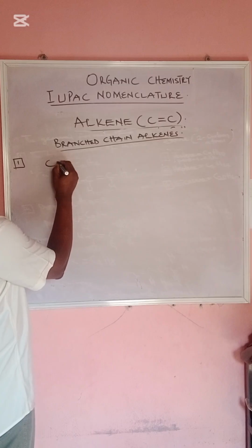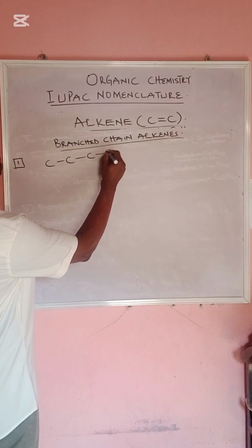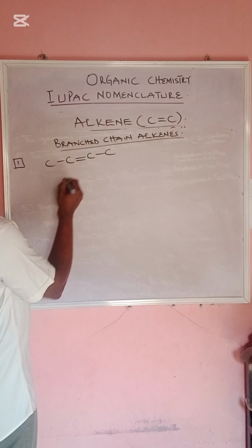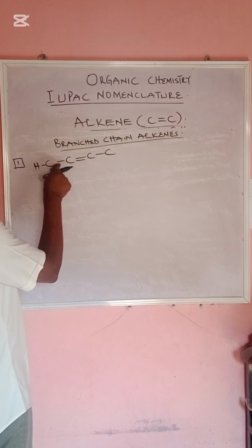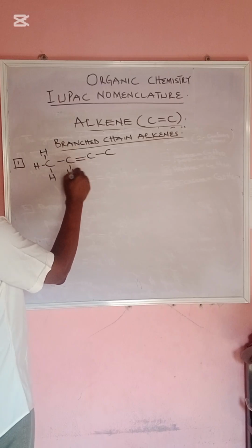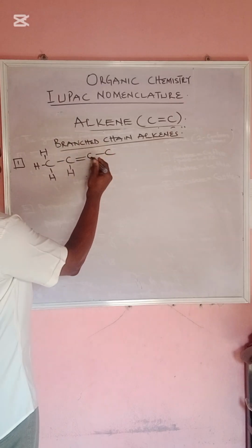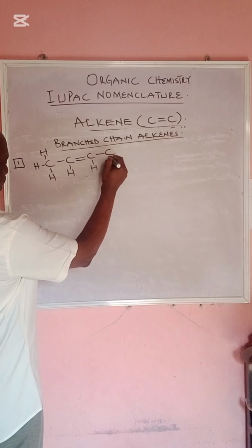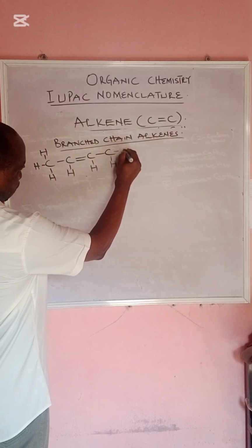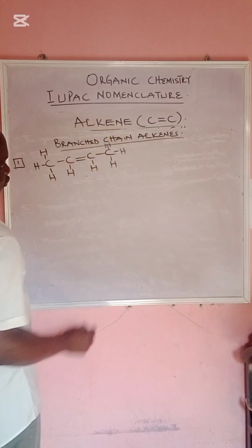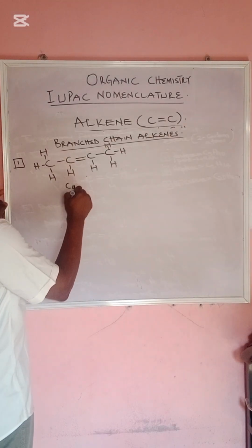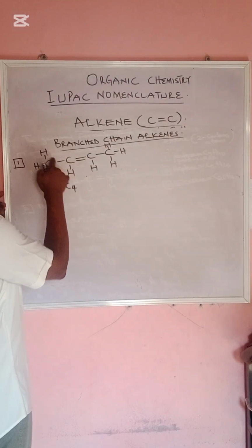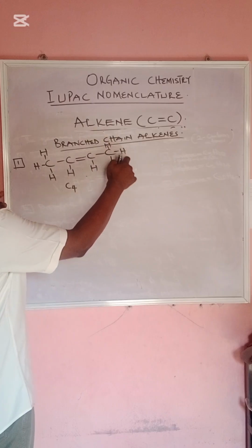Let's see, you are given a structure like a butane. So be careful. 1, 2, 3, 4. You can see when you count, carbon is 4, hydrogen 1, 2, 3, 4, 5, 6, 7, 8.